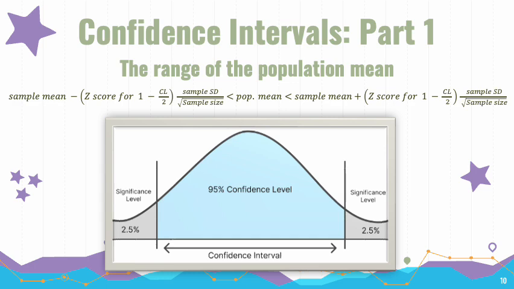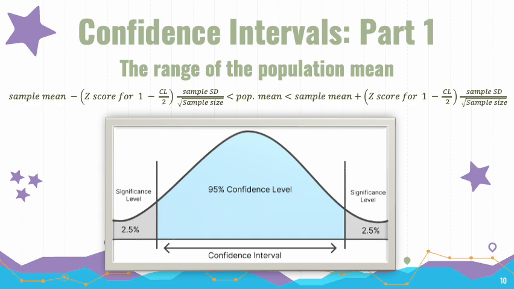The more confident we want to be in our results, the wider our confidence interval is going to be. Think about it as if you want to catch the most number of fish. The amount of fish you want to catch is your confidence level. The bigger the net, the bigger the confidence level, the more fish you can catch.